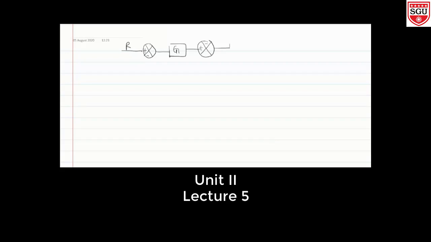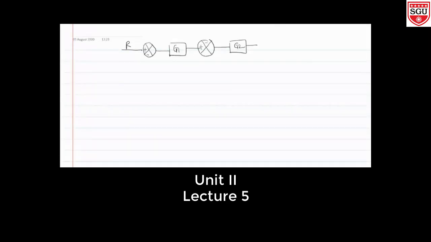After that summing point there is G2. Then another summing point is there. After that there is a G3. After that there is a G4. After that the output. Now from this output, H1 is given to one summing point.